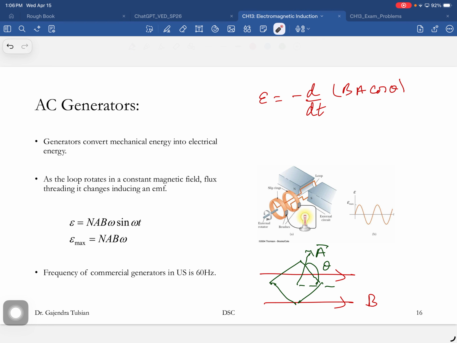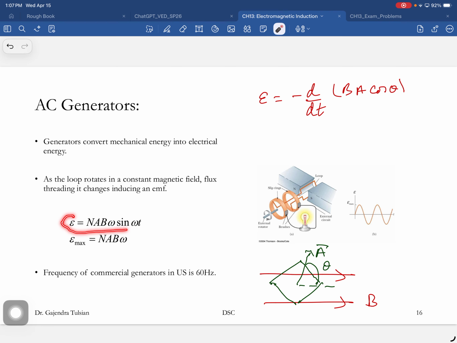In this setup, we are changing the angle theta. As you rotate this loop of wire, you're changing this angle theta, and you're inducing an EMF in this wire. If you connect this wire via brushes to the outside, the voltage produced is a sinusoidal voltage.